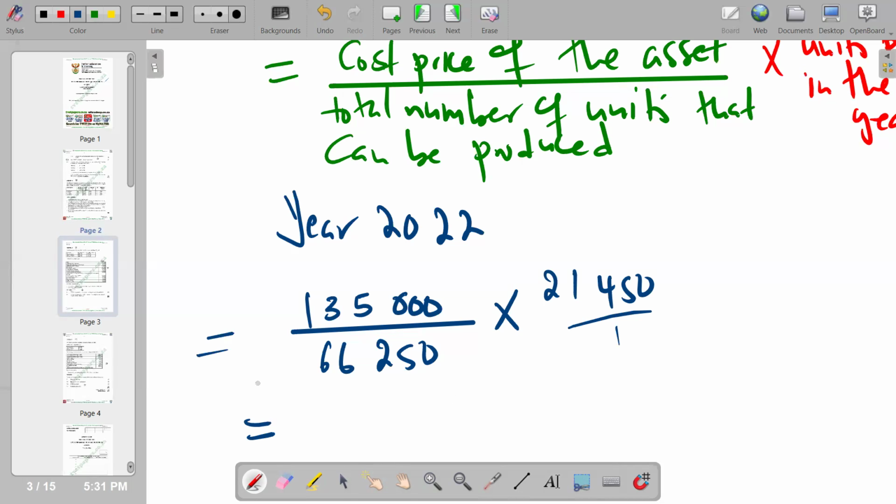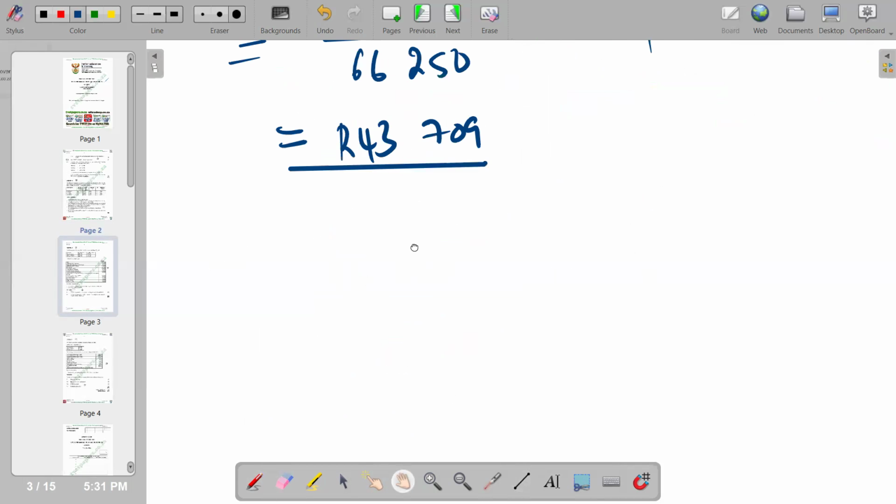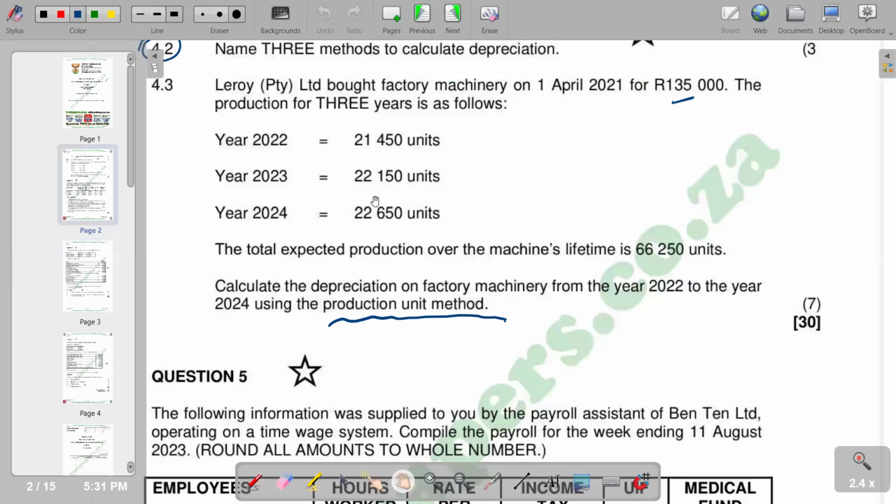The answer that you are supposed to get is 43,709 rands.